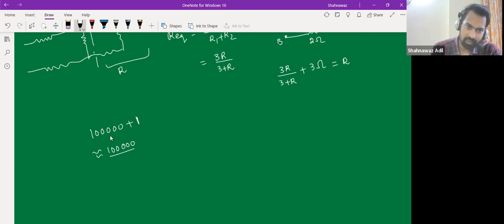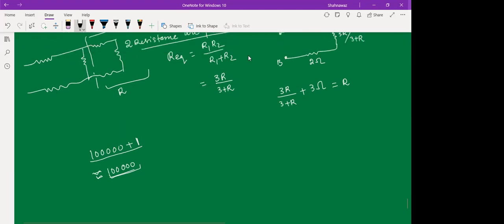So I calculated the R equivalent and then put it equal to R. Is this clear to you guys? Do you have any doubts? You can ask me. No, sir, no doubt.